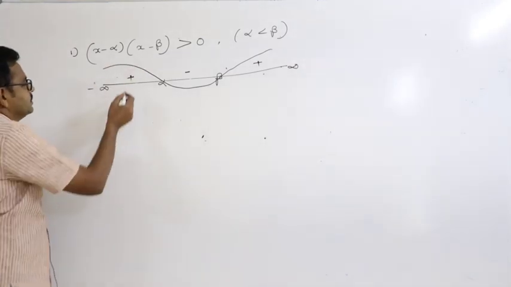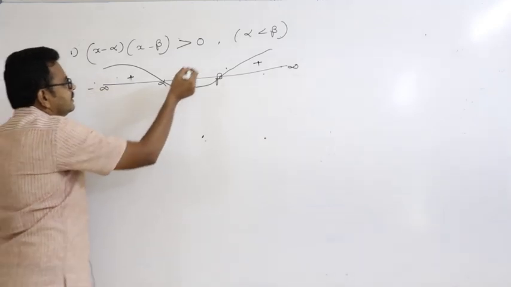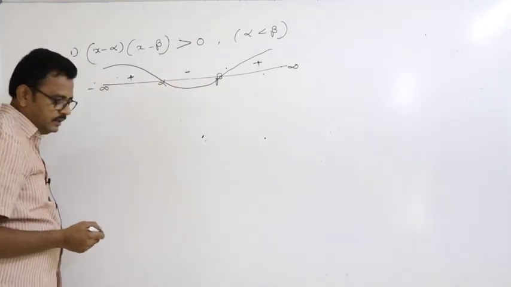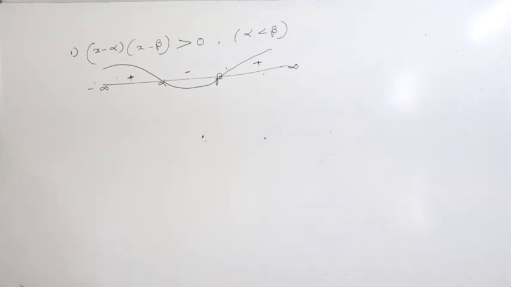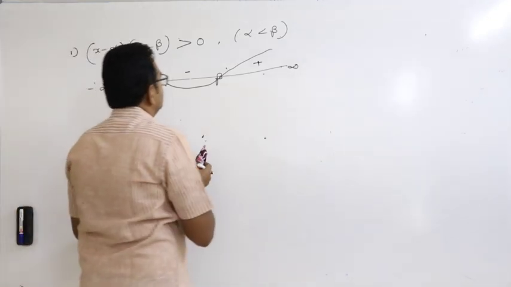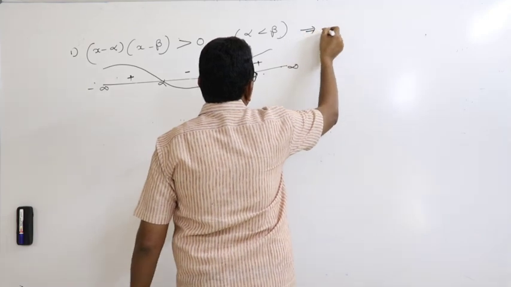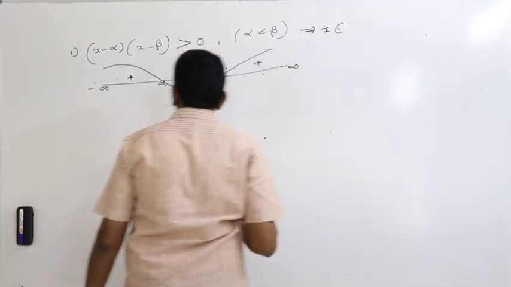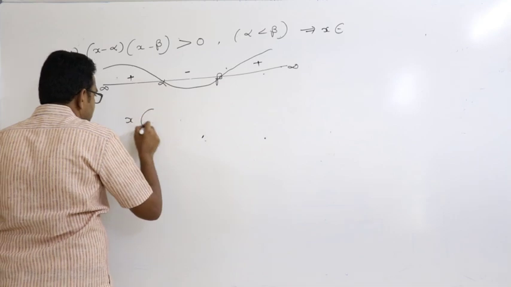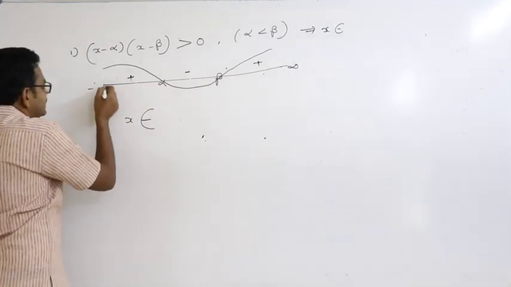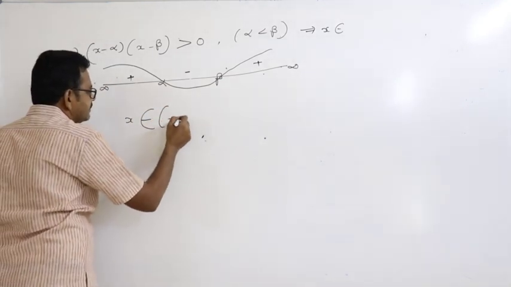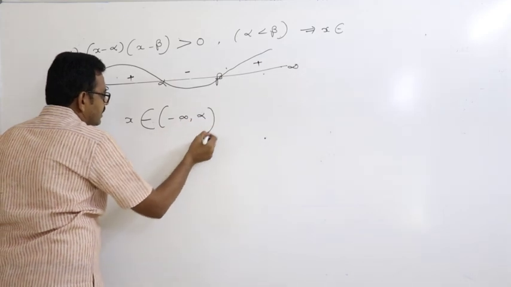So where is it positive? In the interval, implies x belongs to minus infinity comma alpha.